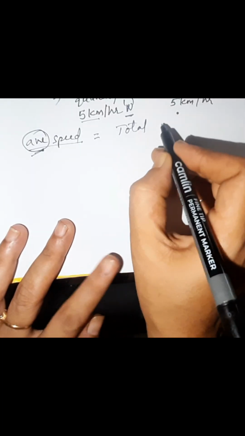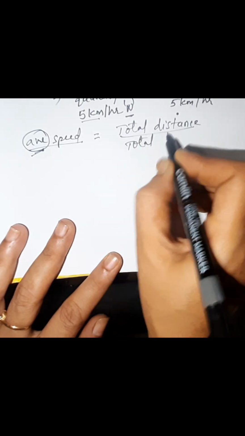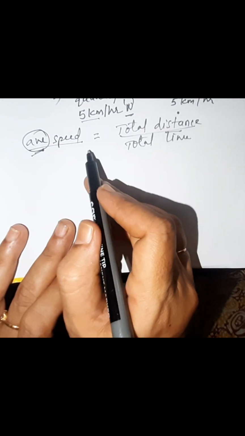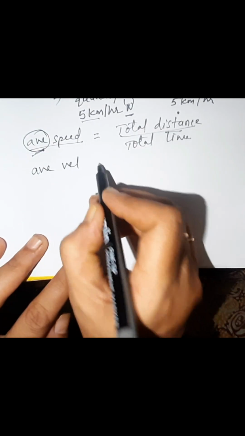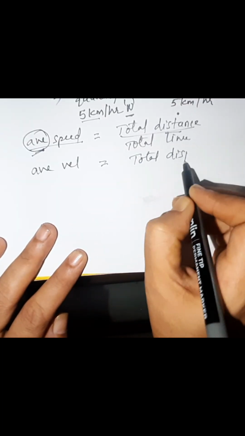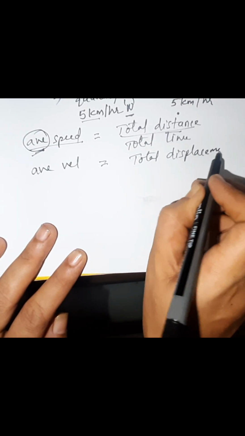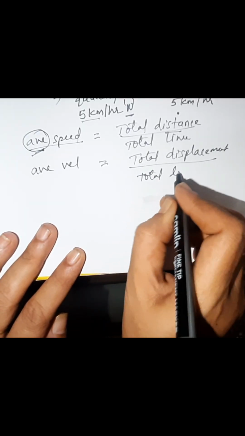What is the total distance covered by the object in the total interval of time? Total distance by total time gives average speed, whereas average velocity is total displacement upon total time.